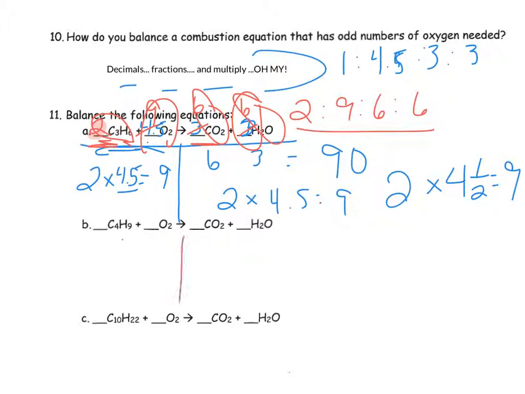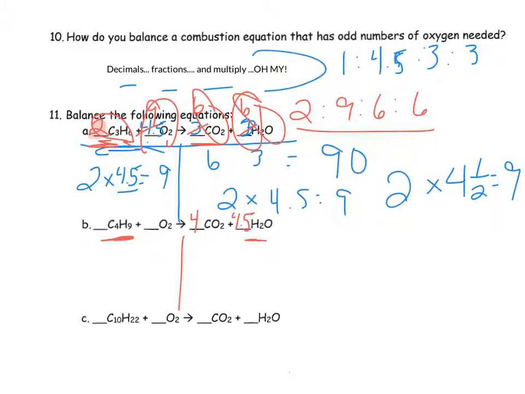I've got 4 carbons over here, so I'm going to put at least a 4 there. 9 hydrogens. What can I put in front of that 2 to make it 9? 4.5. See, at this point, there's no point in continuing to add whole numbers. You could do it just like all of the other ones, but if you use fractions or decimals, this just makes it go by a little quicker.